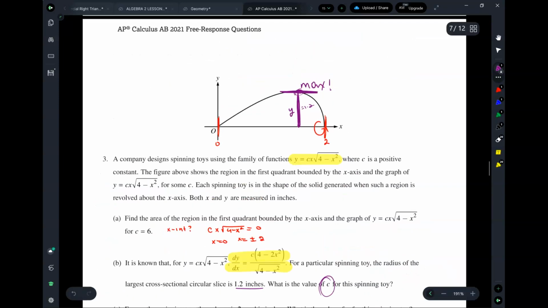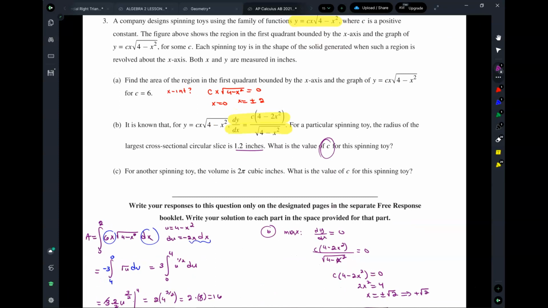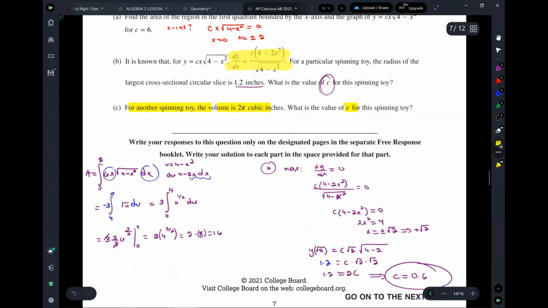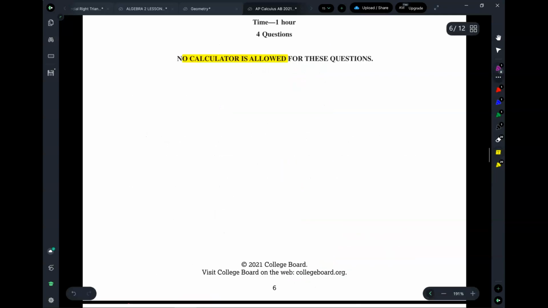Okay, so next, part C. For another spinning toy, the volume is 2 pi cubic inches. What is the value of c for this spinning toy? This time we need the volume. Volume is pi r squared, so pi times f of x squared dx.